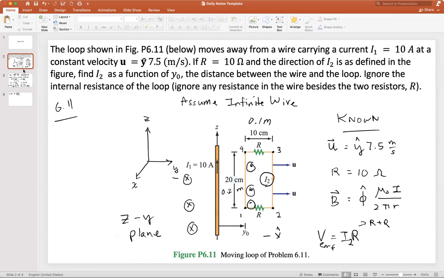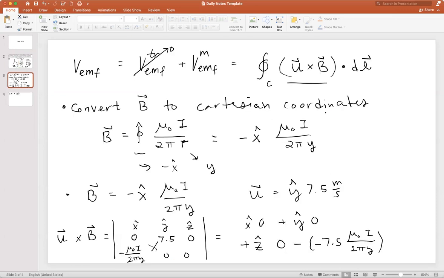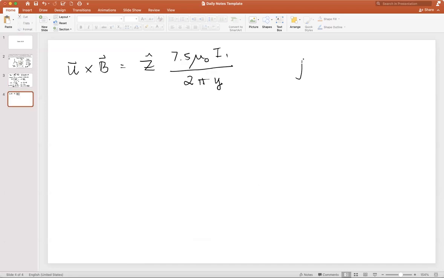So we're working towards this. We know that we can find that VEMF by performing this closed loop integral, and we've already found the velocity crossed with the field. So this part of the problem we've determined, but now we're not sure about this.